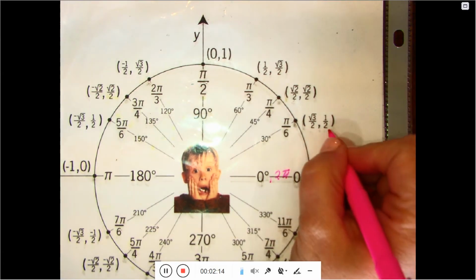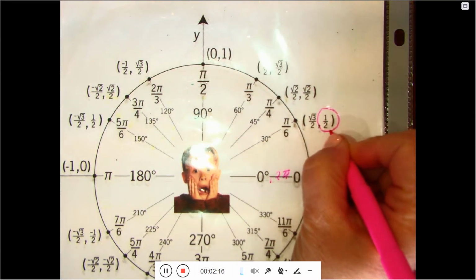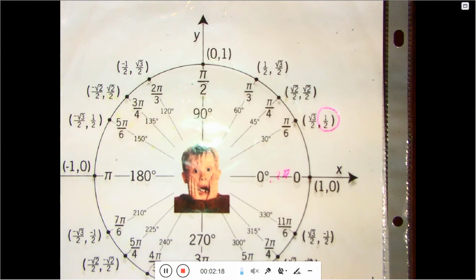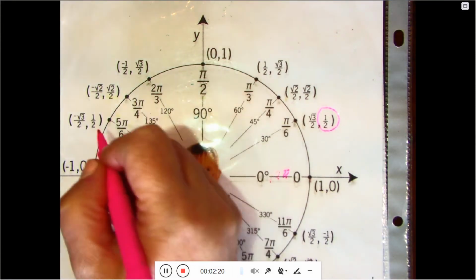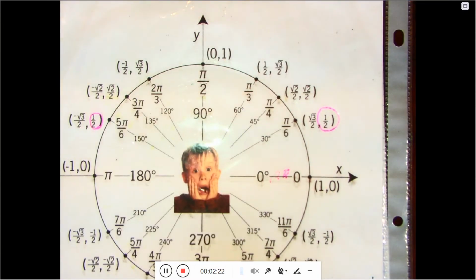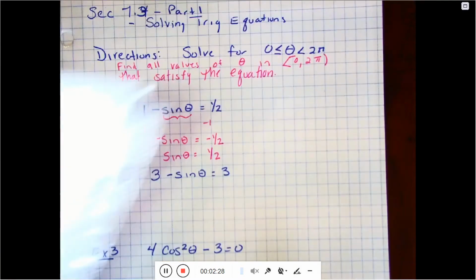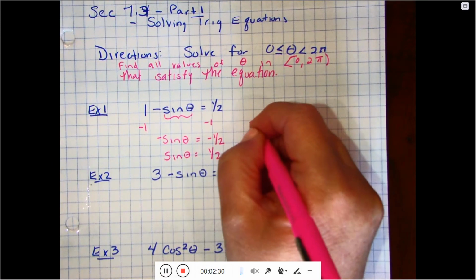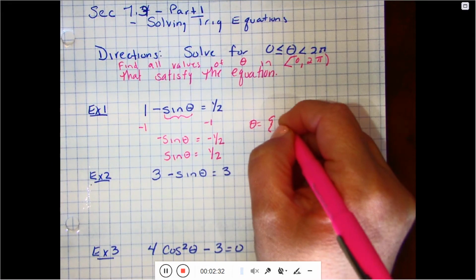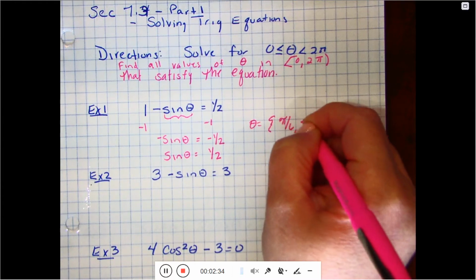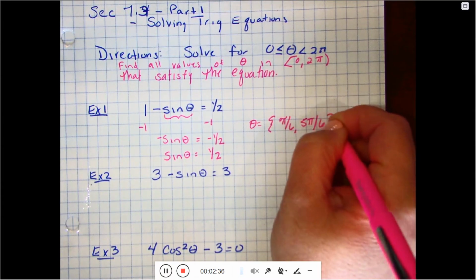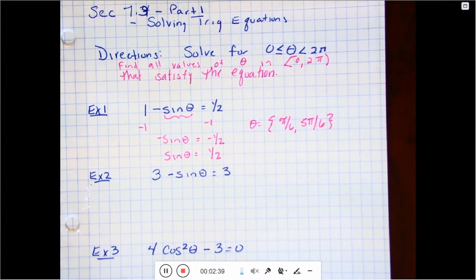And so remember, the sine's the y value, so the answer to this question is pi over 6 and 5 pi over 6, and that would be it because the sine values would be negative in the third and fourth quadrants. So the answer to this problem is theta can either be pi over 6 or 5 pi over 6, and we write it in set notation.